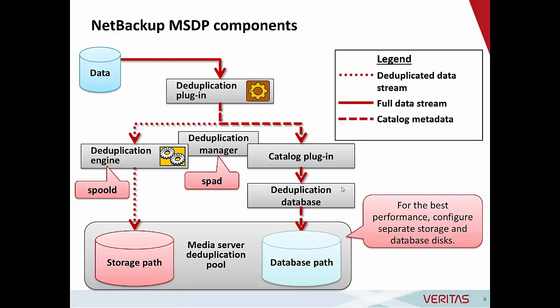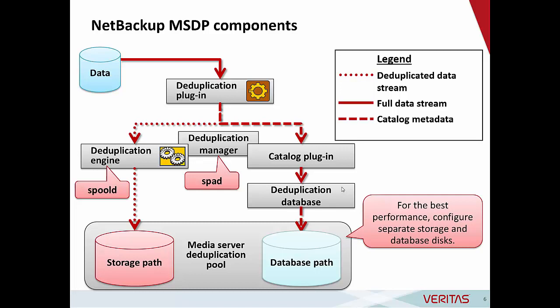You can only go higher than 64 on Linux. So that's Red Hat and SUSE lets you go up to 96, and in that case you'll have multiple storage volumes.